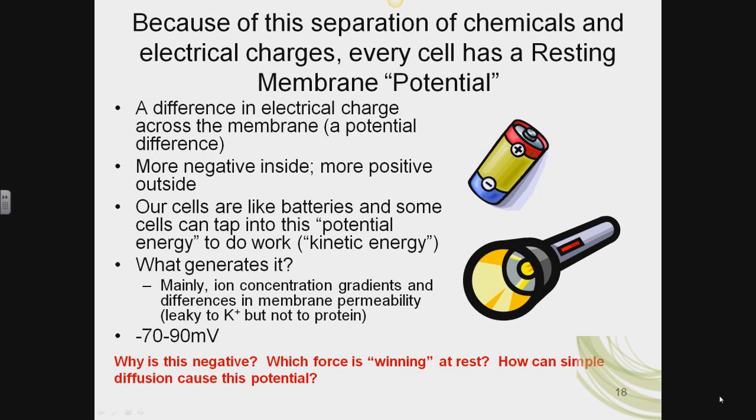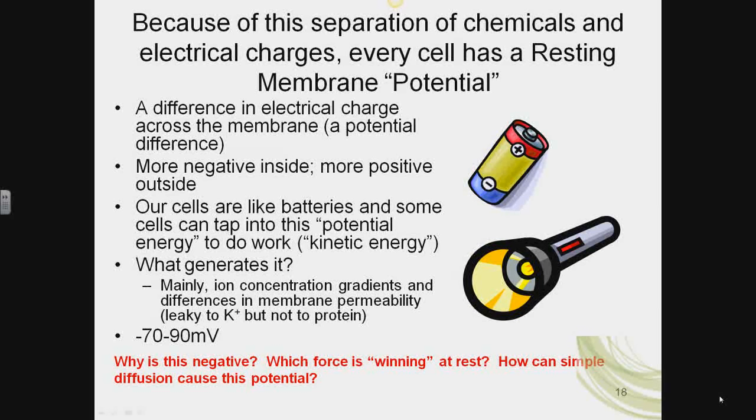When something suddenly starts to move, like current moving, this is no longer called potential energy. This is now the energy of motion, and that's called kinetic energy. And we can harvest that and turn it into other kinds of energy in order to do work. Students often ask me, well, Kara, how negative is the inside of the cell anyway? They want a number.